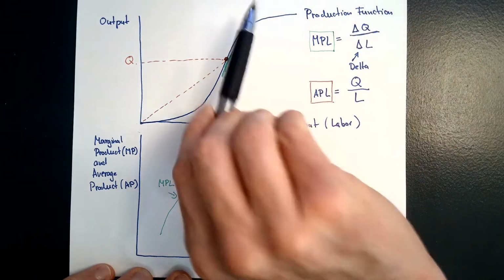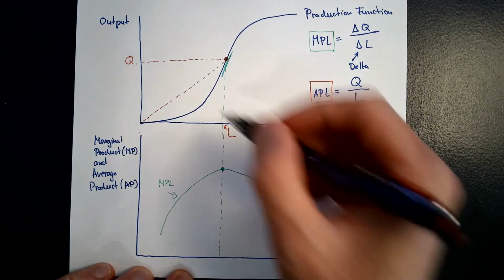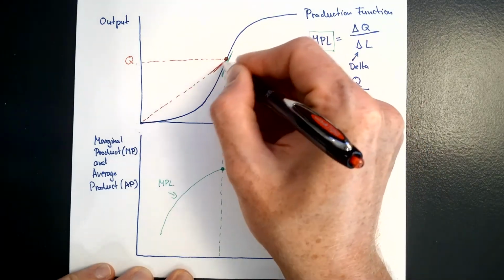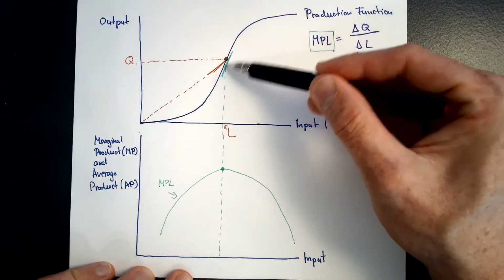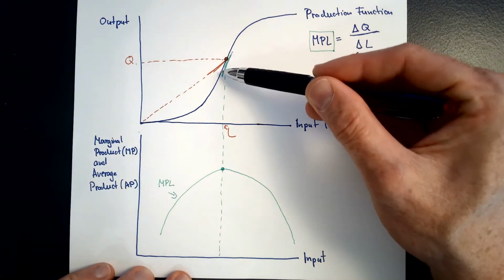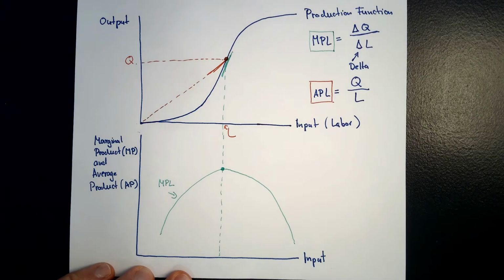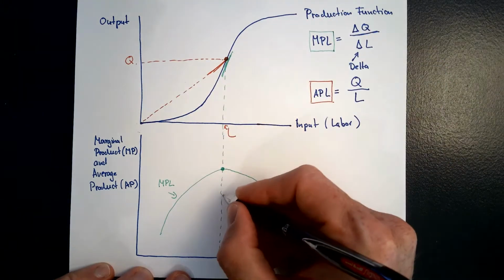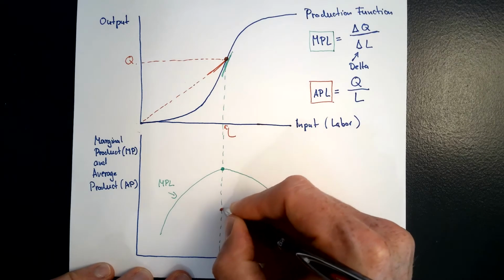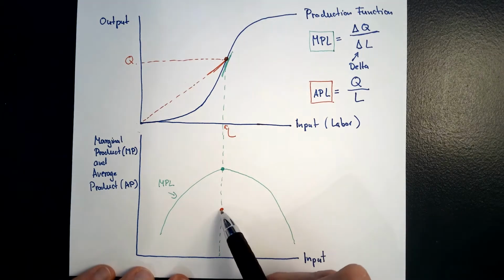This green line here, which represents the slope, or this slope here? You can see that the green line is steeper, and hence what this means is that the red line, or the average product of labor, at this point has to be below the marginal product of labor. Okay?